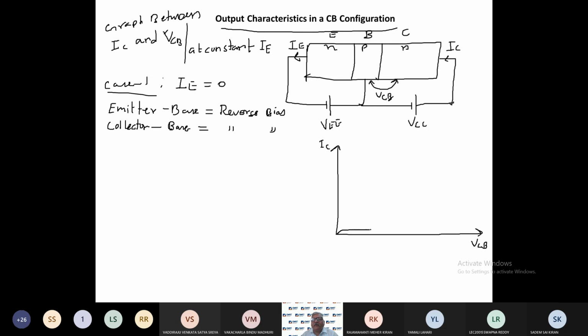This means some small current is flowing. IC value is very small. This you will get when IE is 0.